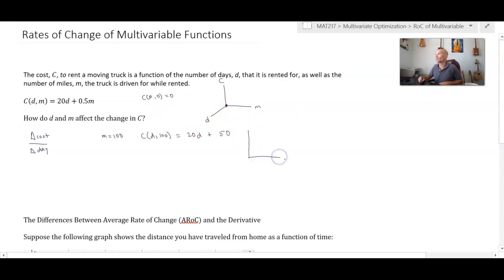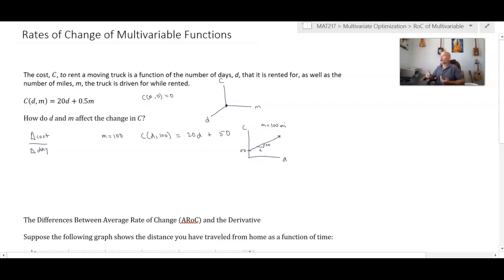I could say, here is the cost versus the days for M equals 100 miles. If I rent the truck for 100 miles, I get a function that has a vertical intercept of 50. It'll be a linear function that has a slope of 20 to 1.